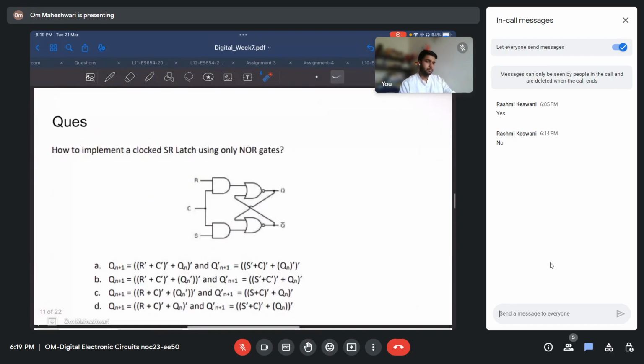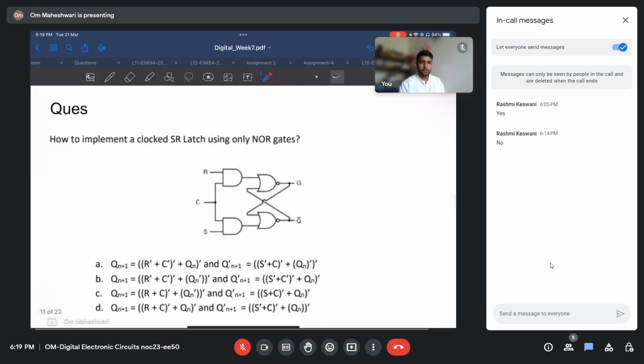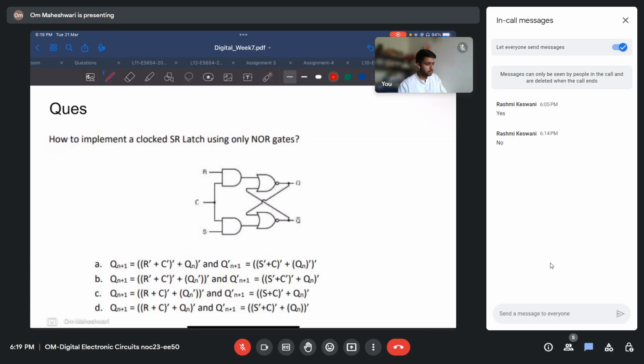Okay. So the question is how to implement a clocked SR latch using only NOR gates. So it is just a simple conversion, we have to just make this whole circuit using NOR gates only.